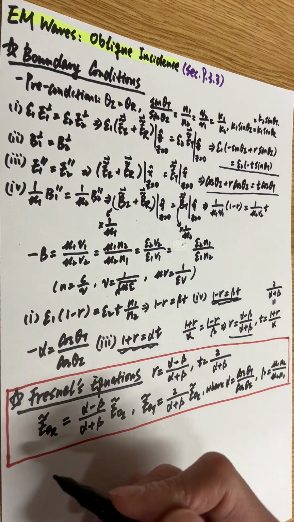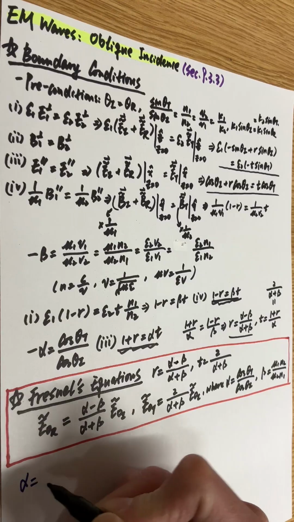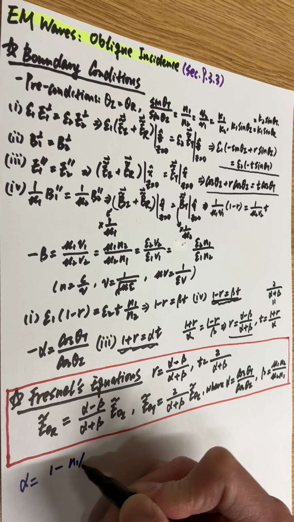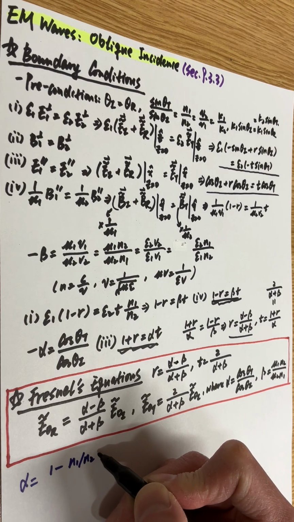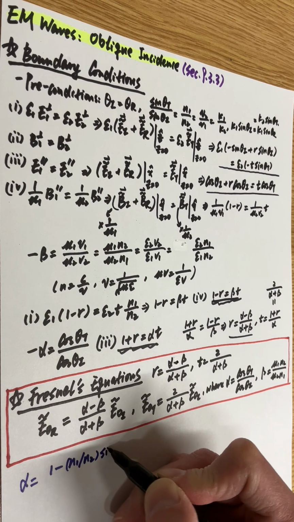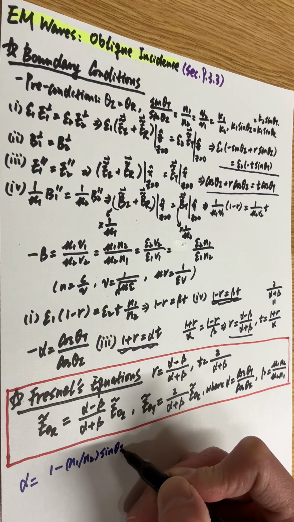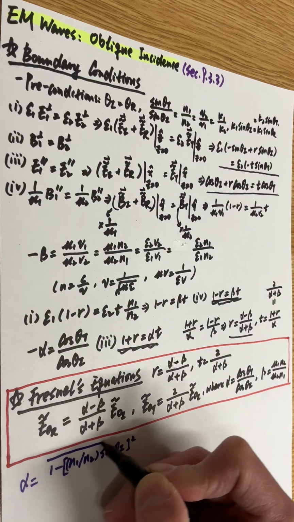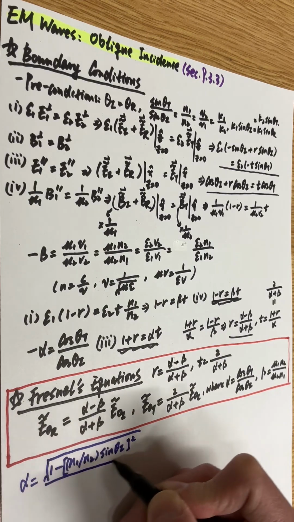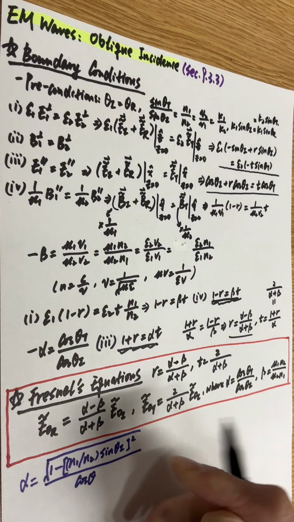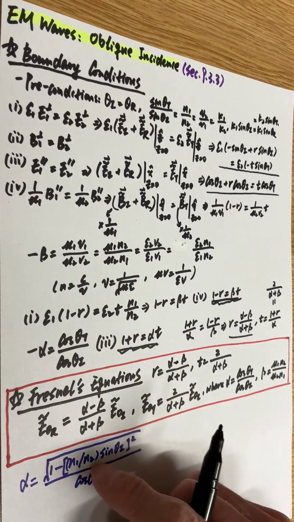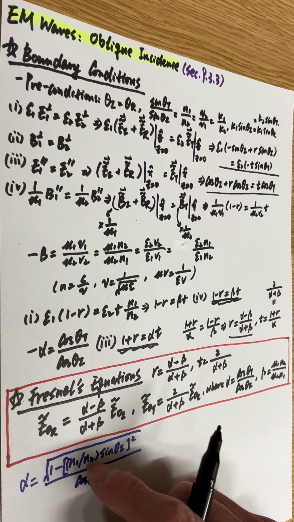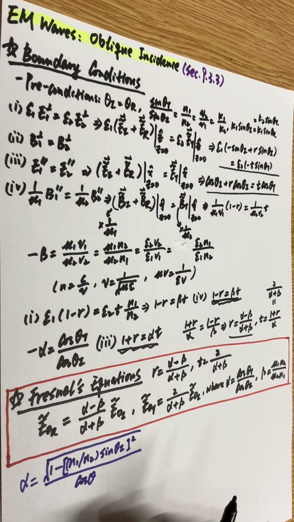Alpha here can also be expressed as alpha equals the square root of 1 minus (n1 divided by n2 sine theta I) squared, all divided by cosine theta I. Here, cosine theta t is the square root of 1 minus sine squared theta t, and then we use Snell's law, so we get this alpha.